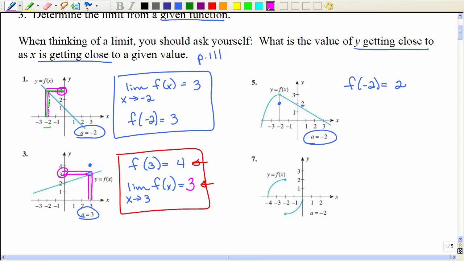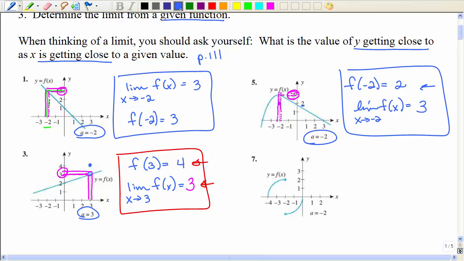But on either side, really close to negative 2, I go up to the graph. It's a little bit less than 3. That looks a little bit greater than 3. Again, the limit as x approaches negative 2 of my function is positive 3. So again, not equal to it, and that's alright.